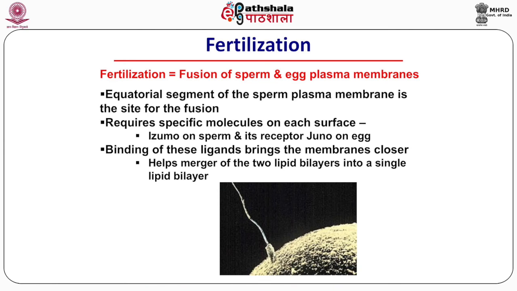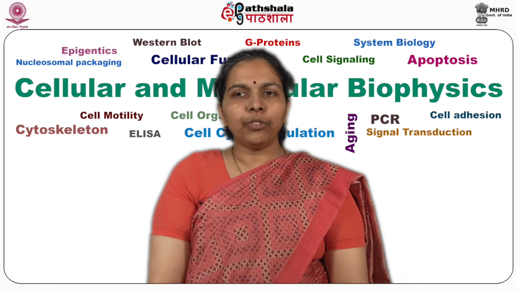Studies which have involved generation of gene knockout mice have shown many molecules which may be involved. Currently, 2 which are known to be present are ISMO on the sperm surface and its receptor Juno on the egg membrane.